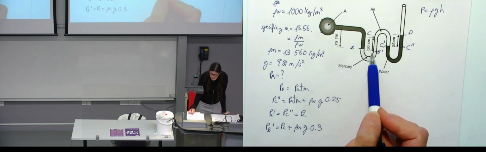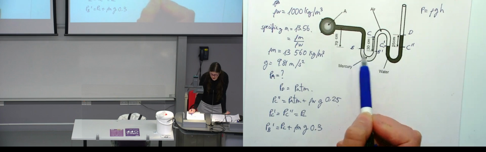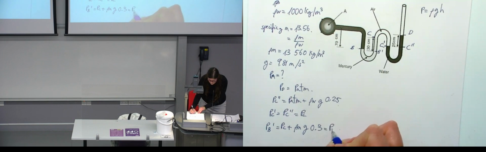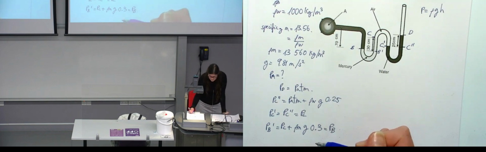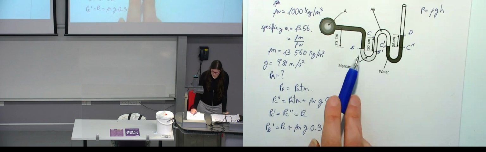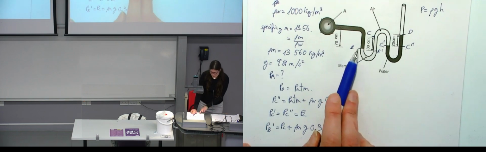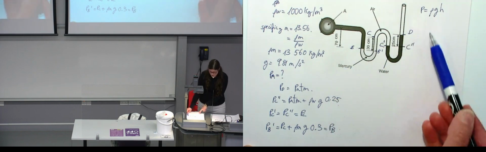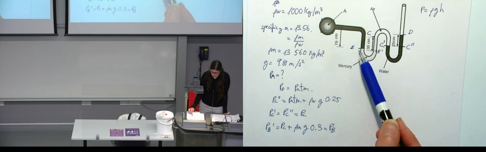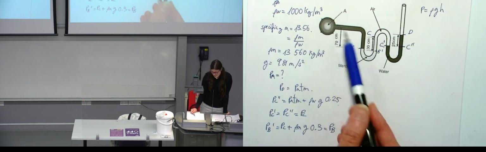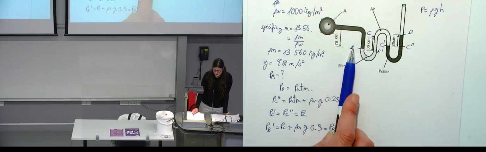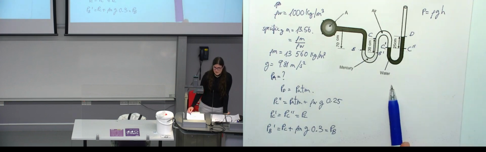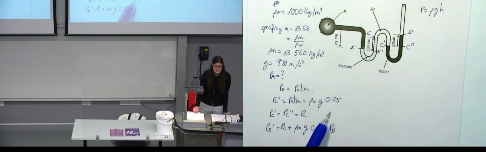Again, because B prime and B are at the same height, the pressure at B prime is the same as the pressure at B. So now we've solved from the atmospheric pressure to B. But if we look in the direction from B to A, the pressure we calculate in this section has to be the same as the pressure we calculate in this section, because it's the same point B.